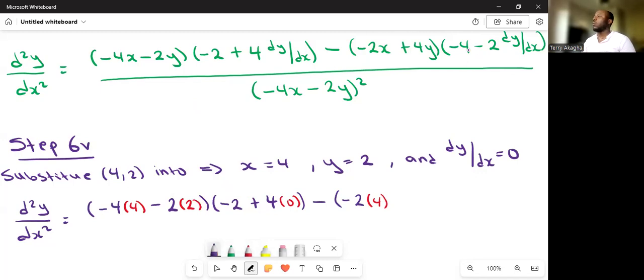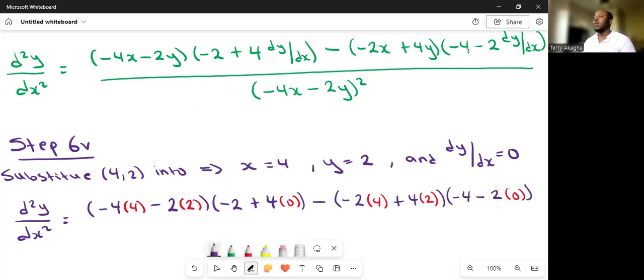Okay. So we have plus 4 into bracket, the y is 2. Then we now have minus 4 minus 2, and anywhere you see dy over dx, you put 0.